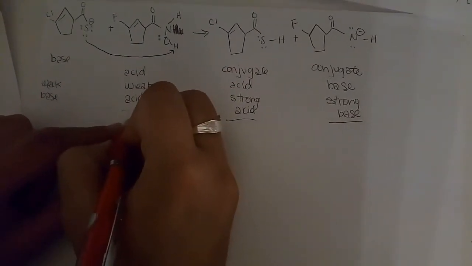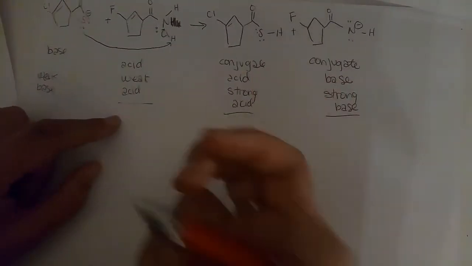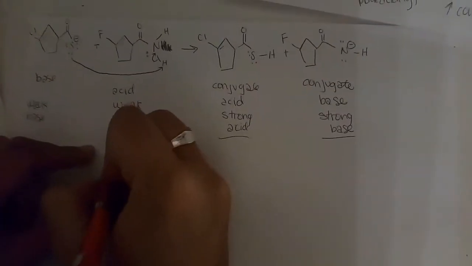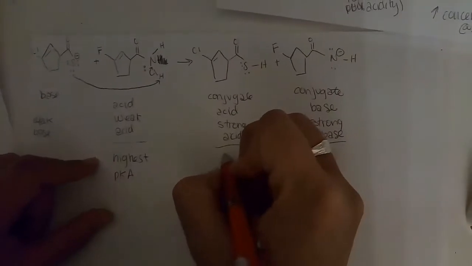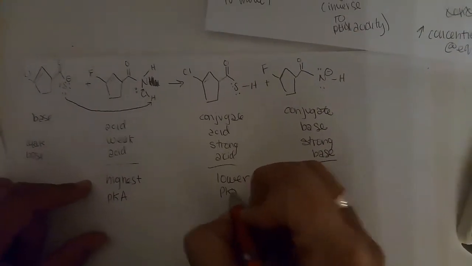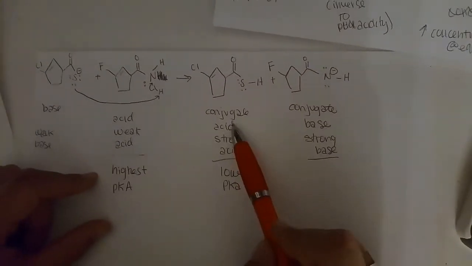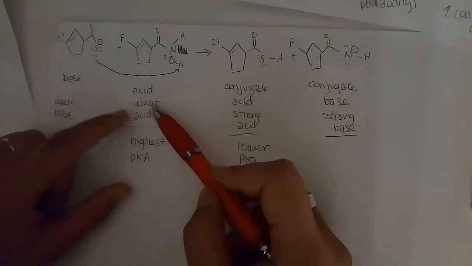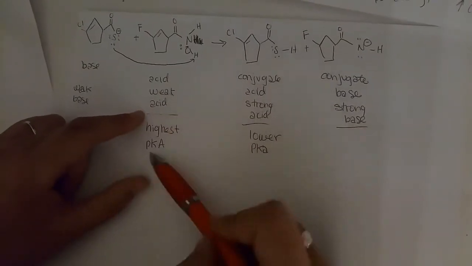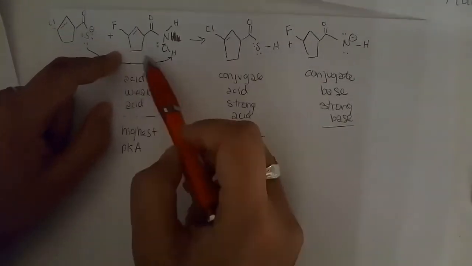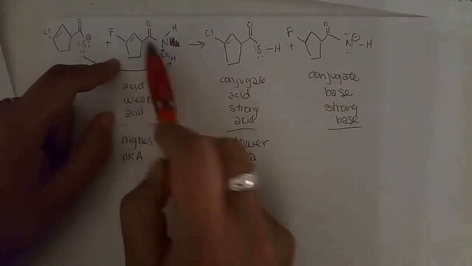And the weak acid, because it's inverse to acidity, has the highest pKa. This one has the lower pKa, because high acidity means, inverse to it, low pKa. Low acidity means higher pKa. So the reactant with the fluorine and the neutral nitrogen has the highest pKa.